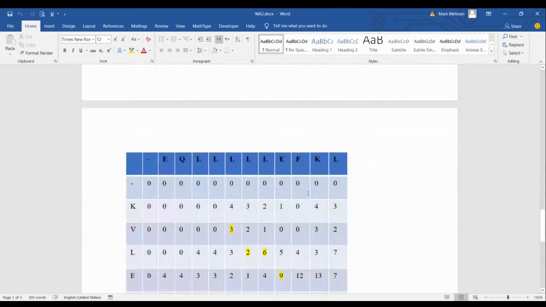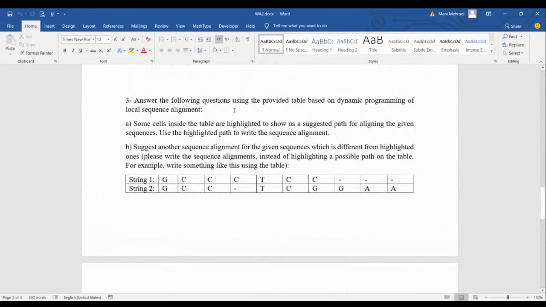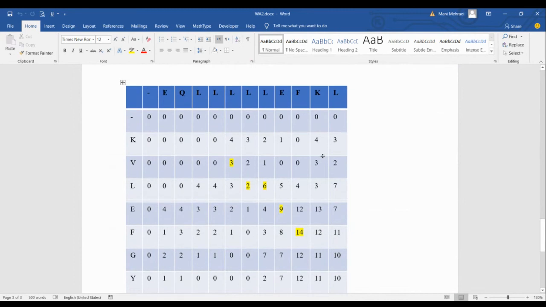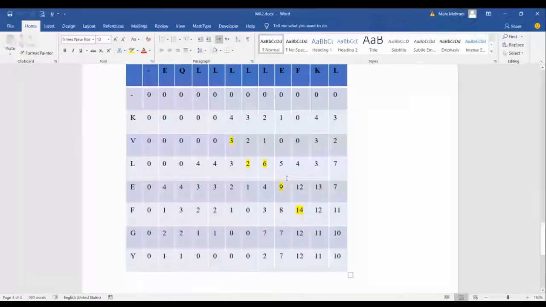Okay, the third question. Answer the following questions using the provided table based on dynamic programming of local sequence alignment. We had a similar picture in the slides of last lecture.